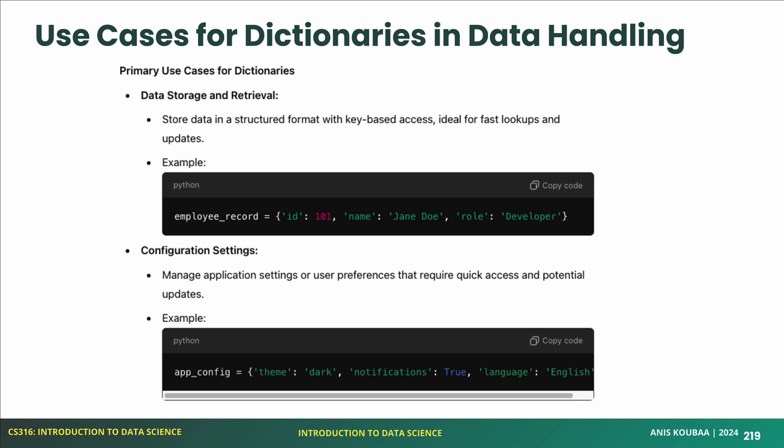So dictionary is one of the most important data structures in Python. It's used in several real-world examples for handling data. One of the primary use cases for dictionaries is data storage and retrieval locally on the hard drive. Because when you have a record in Python, you can store it as a dictionary, and it becomes very easy to retrieve it even from the local drive.